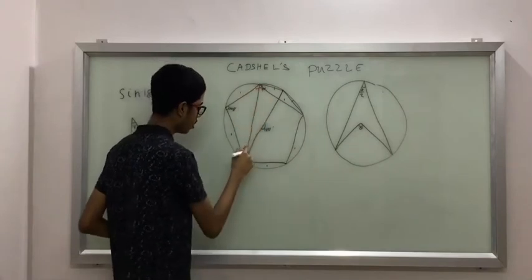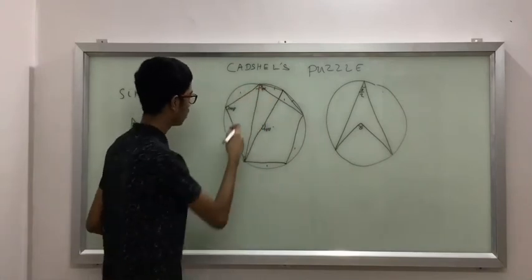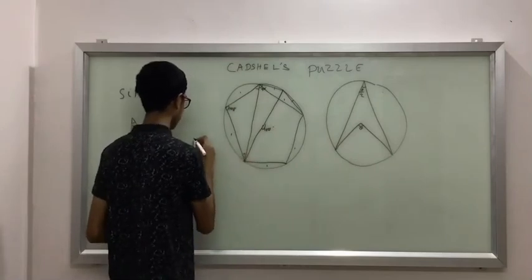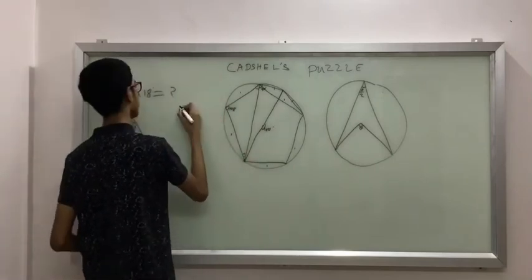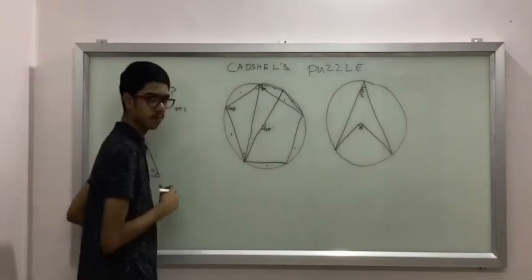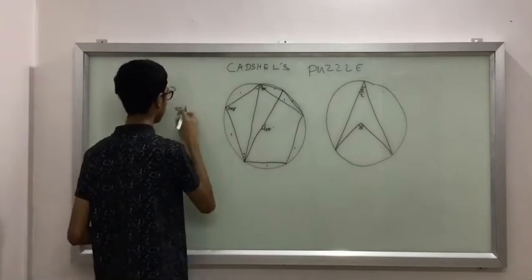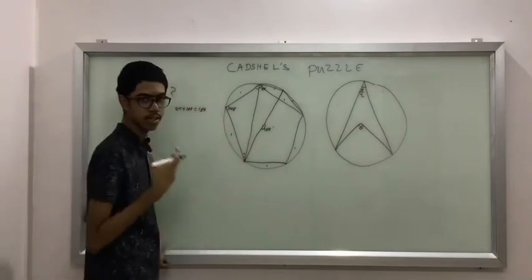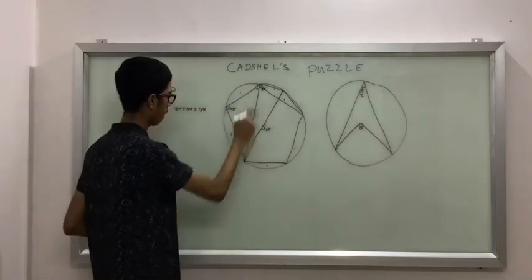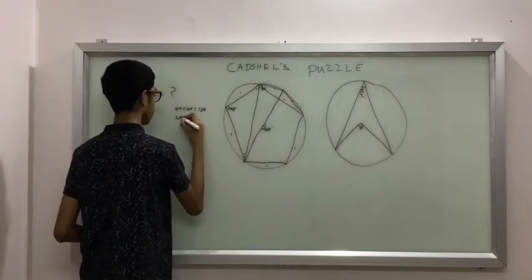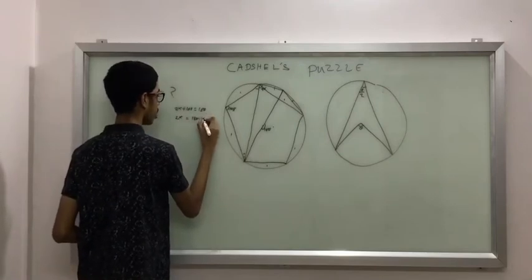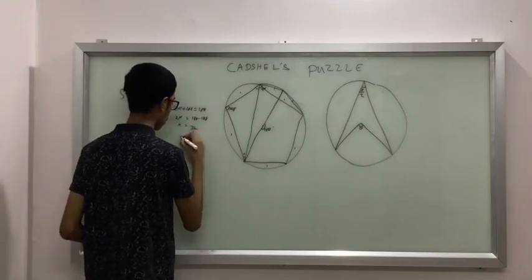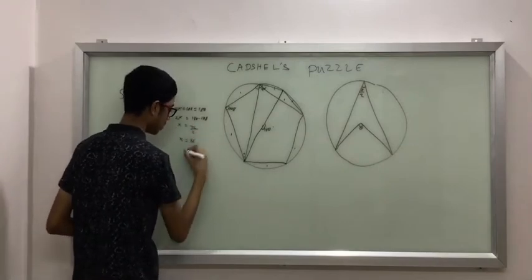Next, see what is this angle and this angle. This angle will be, let this be x. Then 2x plus 108 is equal to 180, by the angle sum property of a triangle. 2x is equal to 180 minus 108, x is equal to 72 by 2, x is equal to 36.